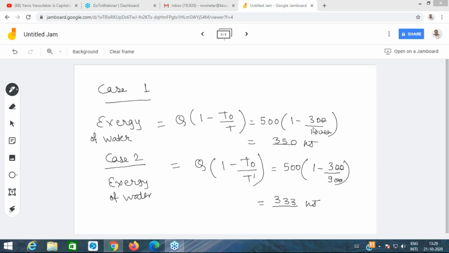Yes. So exergy has been lost, and this has been lost because of finite temperature difference.